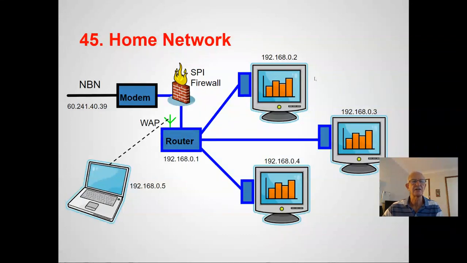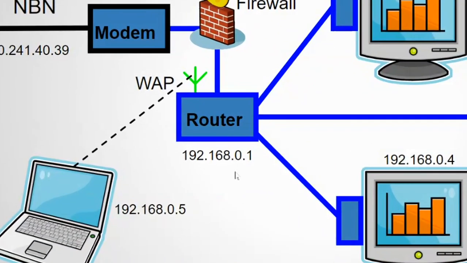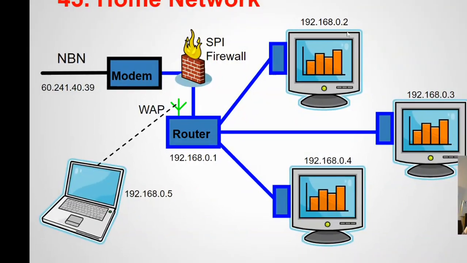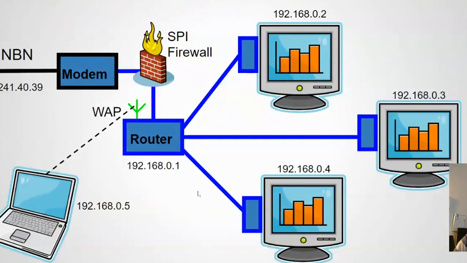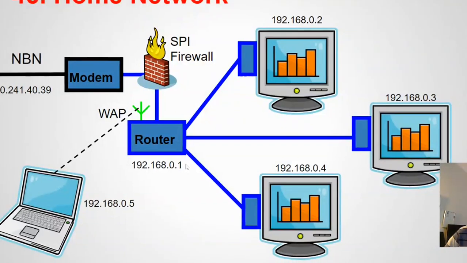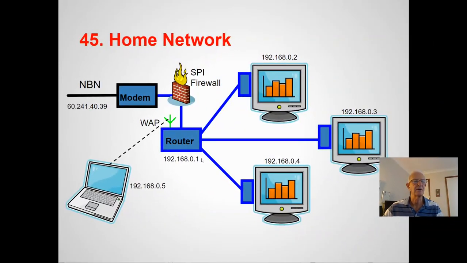Each of these devices internally in your home has a different address range. You can see here the router's main address is 192.168.0.1, and then it allocates addresses 2, 3, 4, and 5, and for any new device, phone or camera or whatever it might be, this router will allocate another one of the addresses in this range.